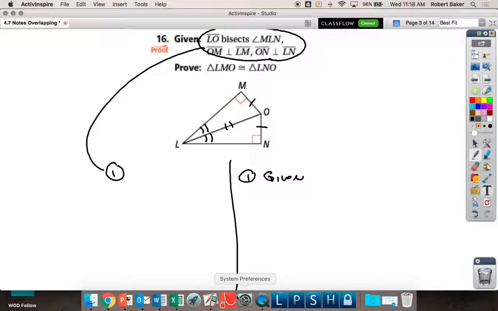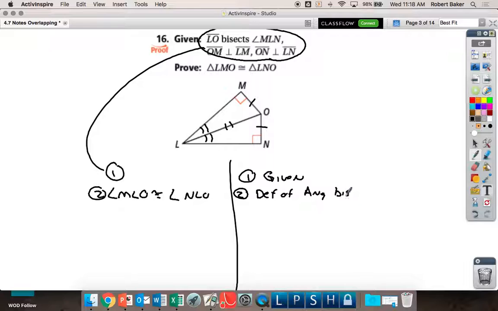That's all my given statements. So in that statement, you would have to write statement number 2: angle MLO is congruent to angle NLO, definition of angle bisector.